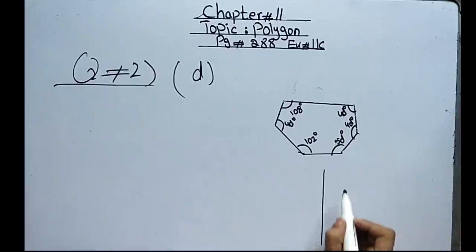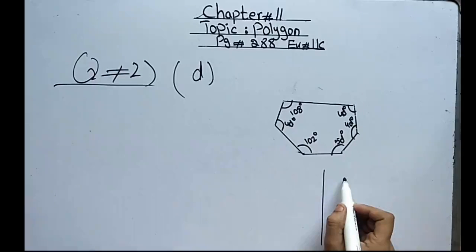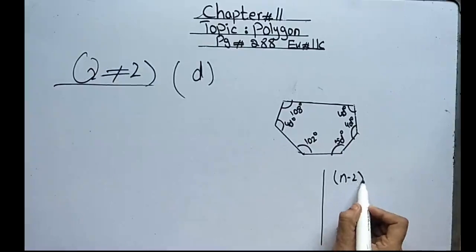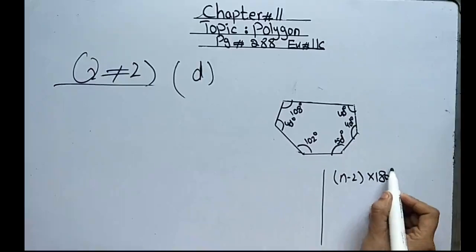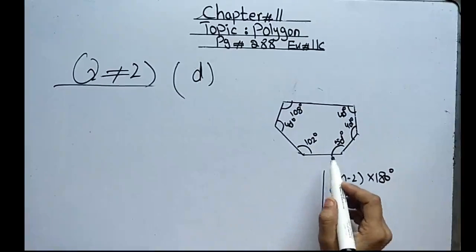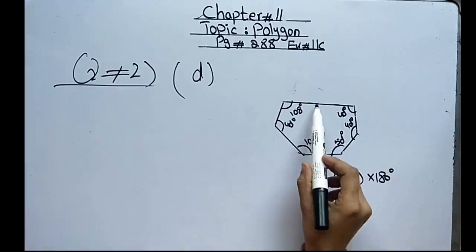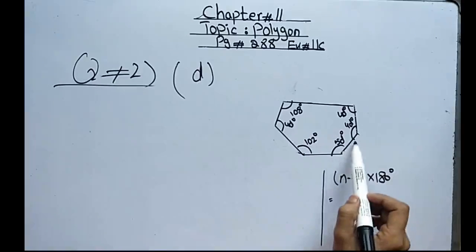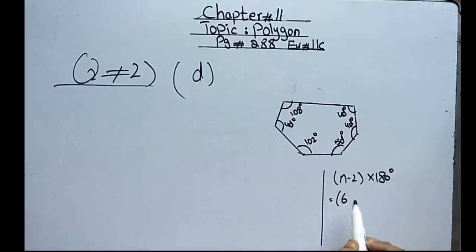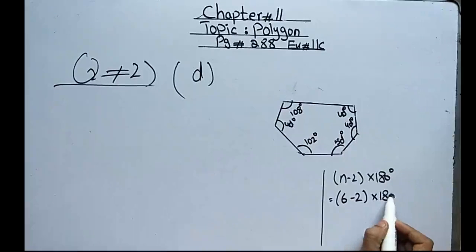Look here, as we know the formula for finding the sum of interior angles: n minus 2, multiplied by 180 degrees. And n means the number of sides. So how many sides are there? 1, 2, 3, 4, 5, 6. It means we put n is equal to 6 minus 2, multiplied by 180 degrees.